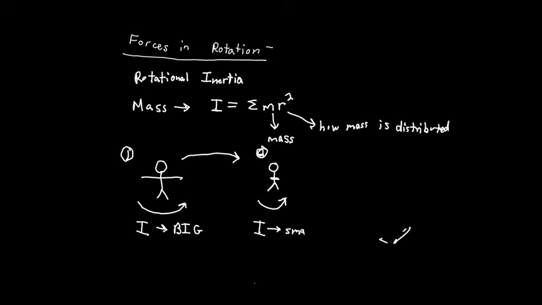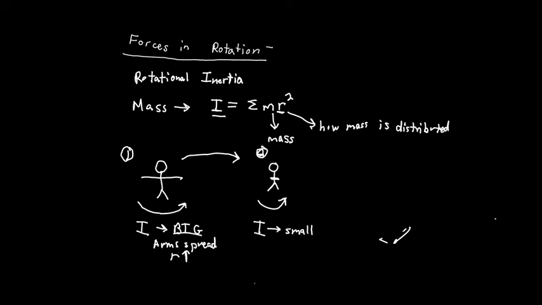And the reason for that is because with my arms out, my arms are very spread out. So with the arms spread, I have a big R. So R is very, very large when my arms are spread out. So my R in this moment of inertia equation becomes large, and my moment of inertia becomes big.